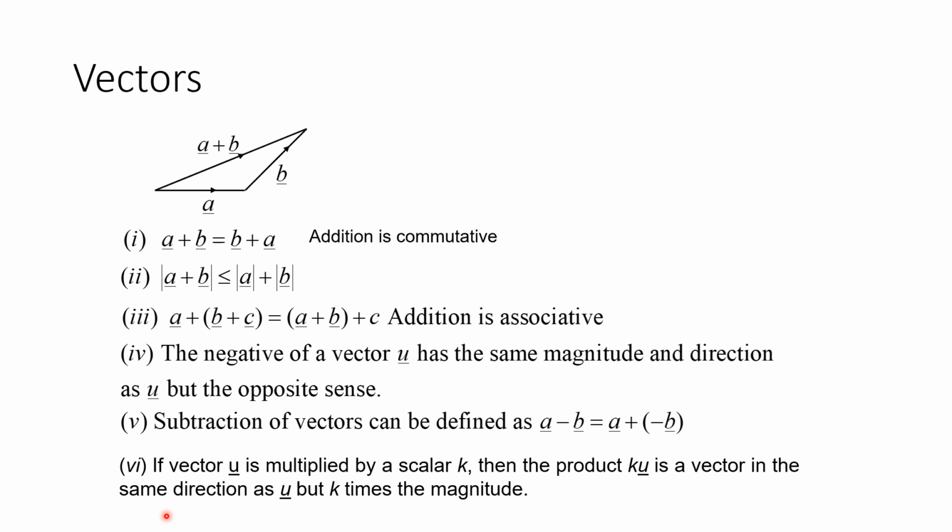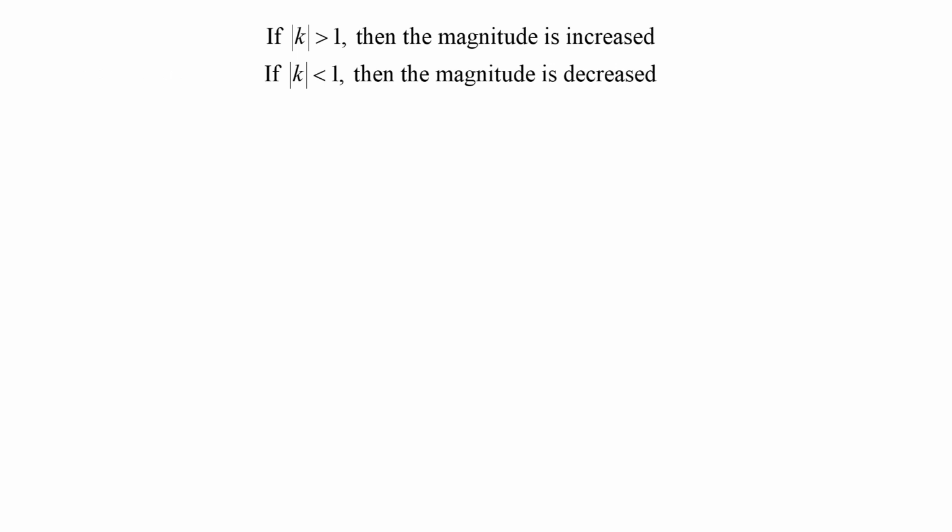So what happens is, it's just that the magnitude increases k times, depending on the different k or different scalar value that is being multiplied with a vector. So it will decide how the magnitude increases or decreases.